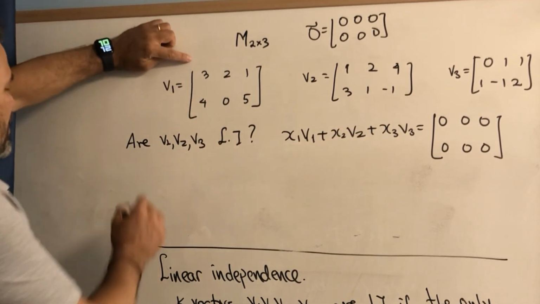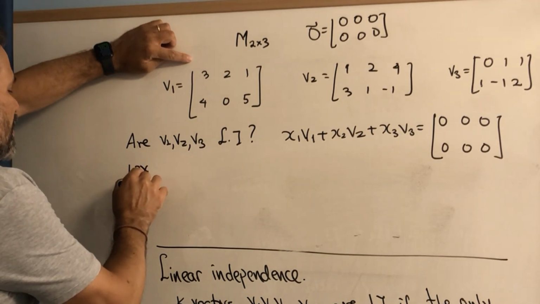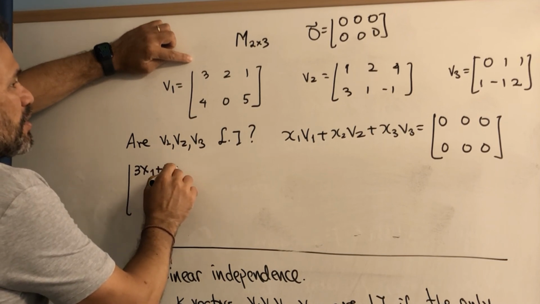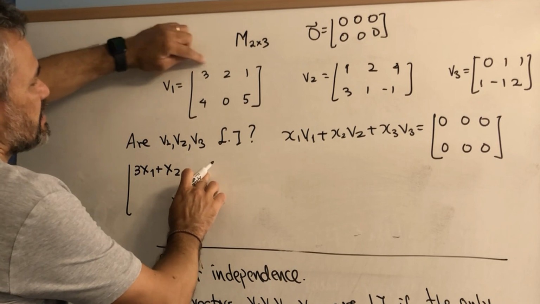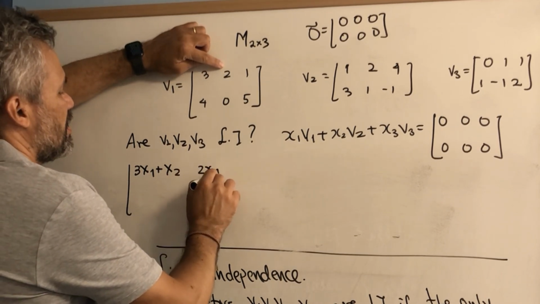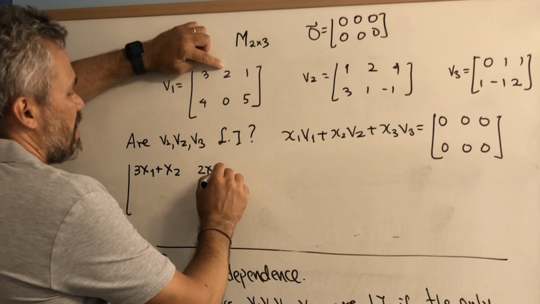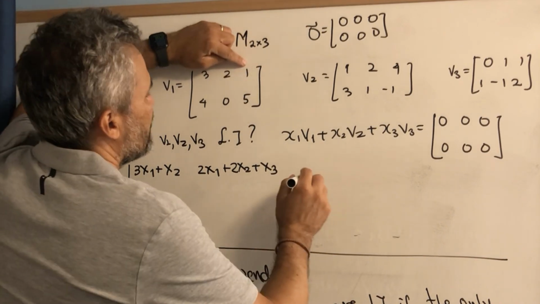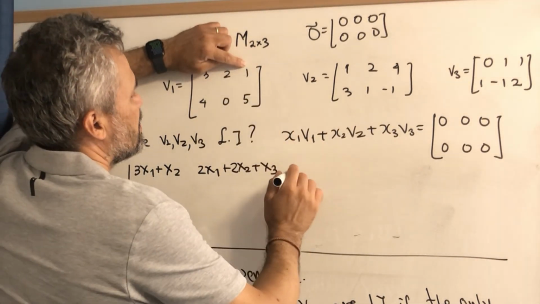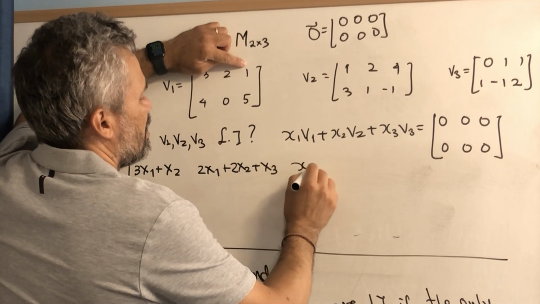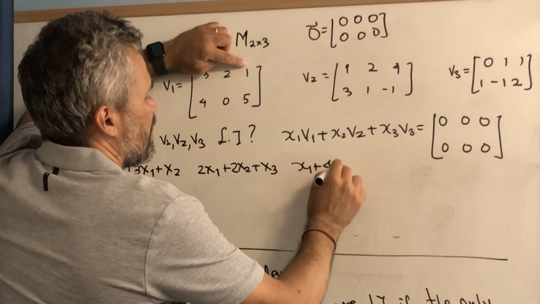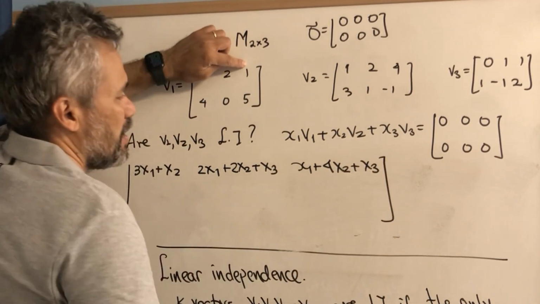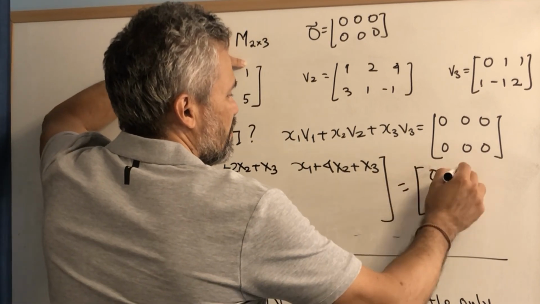When we do that, the first entry is 3x1 plus x2. The second entry will be 2x1 plus 2x2 plus x3. The third entry would be x1 plus 4x2 plus x3. We want this to be the zero vector.